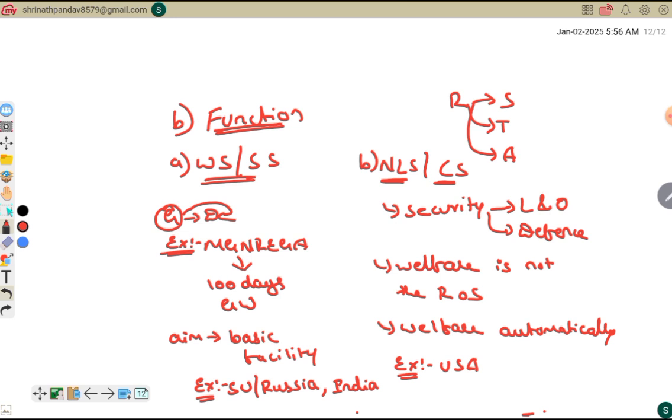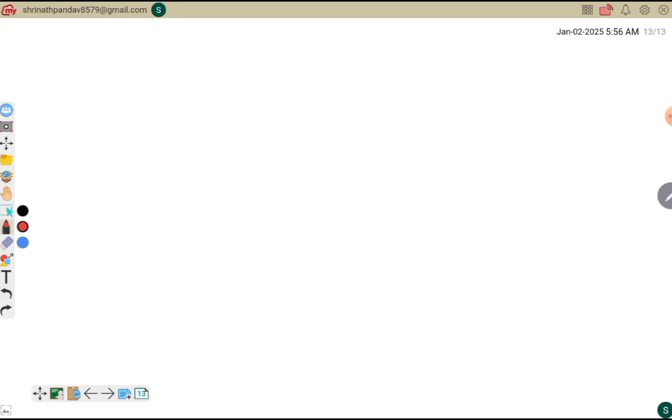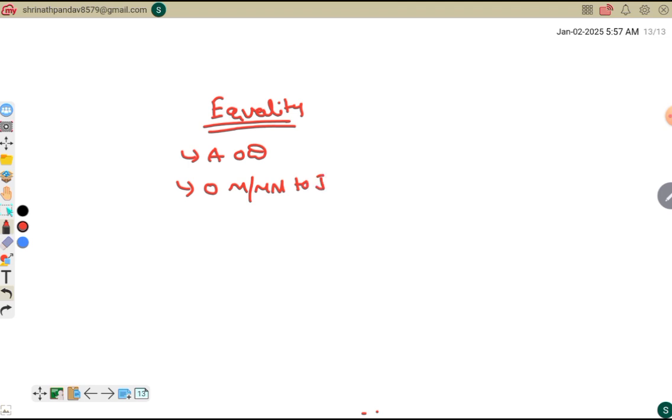The next terminology is equality versus equity. Equality we can define as the absence of discrimination. Here the outcome may or may not lead to justice. When it comes to equity, here there exists discrimination in a positive sense.